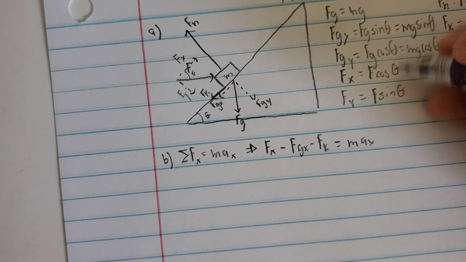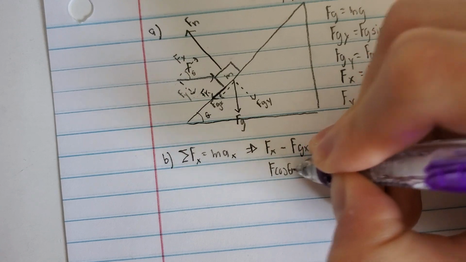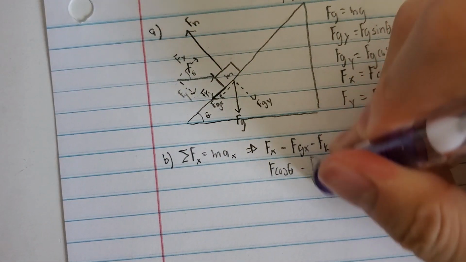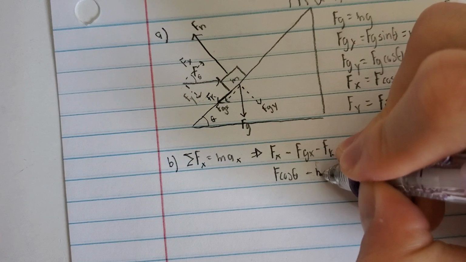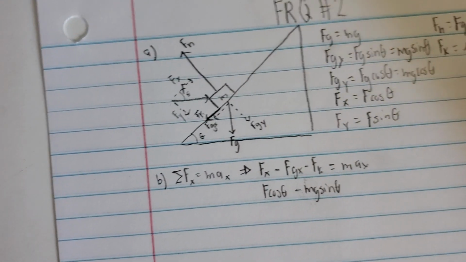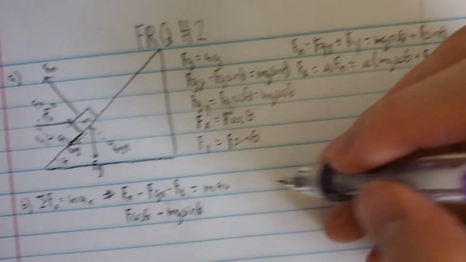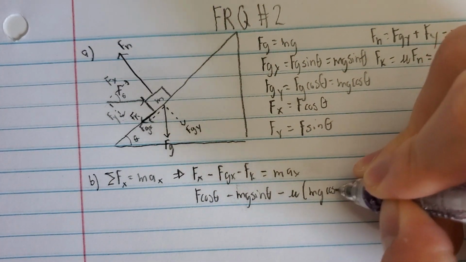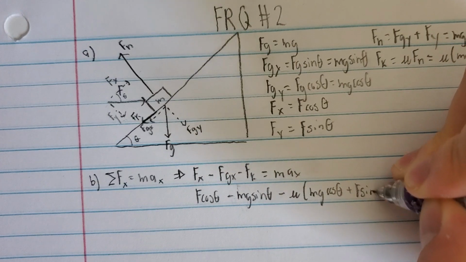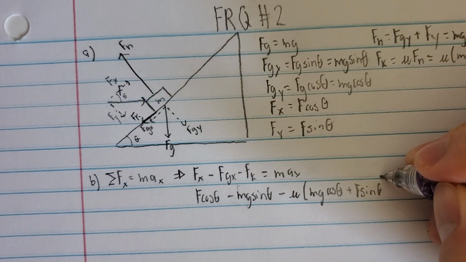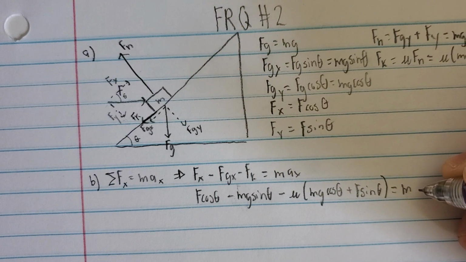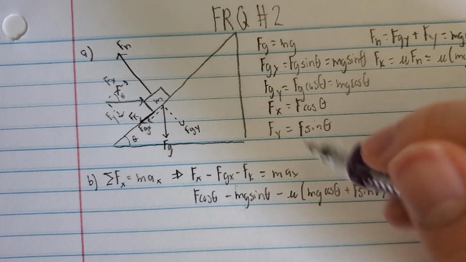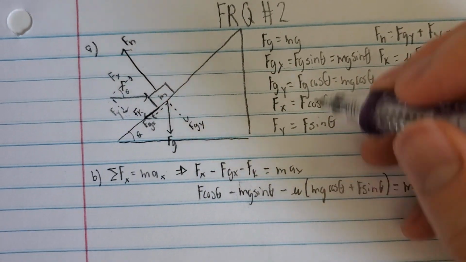So Fx is F cosine theta, Fgx is mg sine theta, Fk is all of this up here, minus mu times the quantity mg cosine theta plus F times sine of theta, and that's all going to equal m times ax.